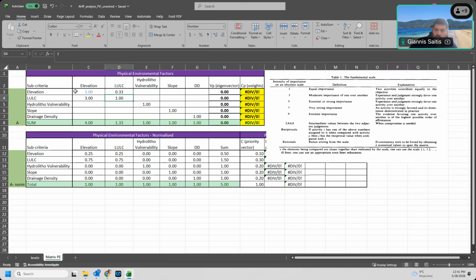We continue with the question: the elevation towards the hydrolithology vulnerability. Which is more important? The hydrology vulnerability, as I mentioned before, is how the soil, the rock or the soil, is absorbing the water.